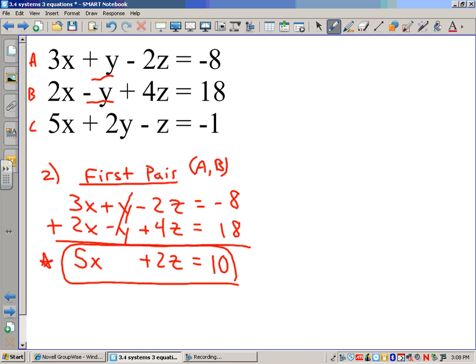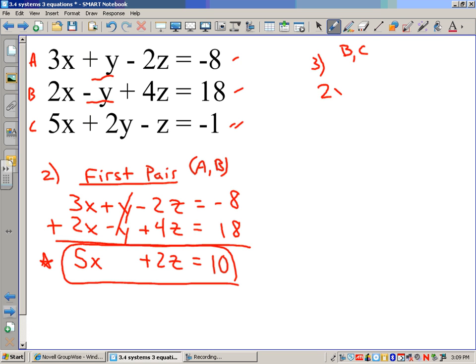So now that was step 2. Step 3, eliminate that same variable from 2 different equations. Now that means I could pick A with C, or I could pick B with C. I can't pick A and B because I already used A and B. So I'm going to use B and C because one's minus, one's plus.